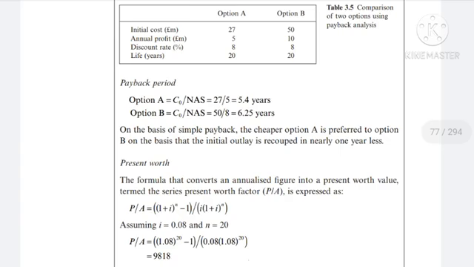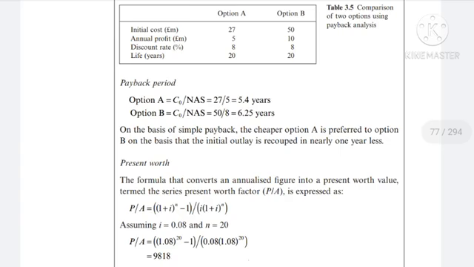So on the table, there are two options. There's option A and option B. So applying the equation, solving for the payback period.